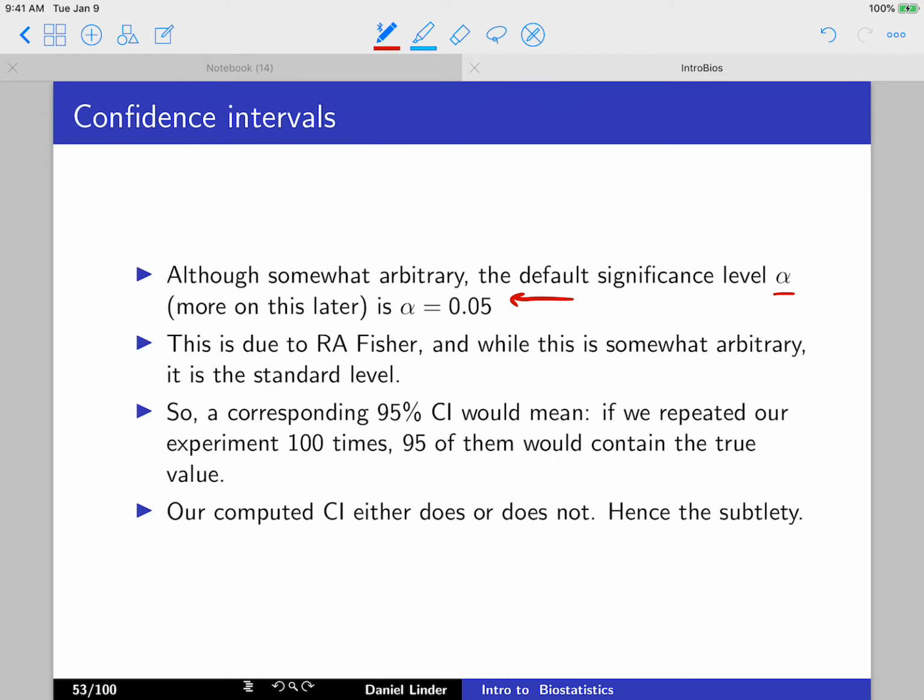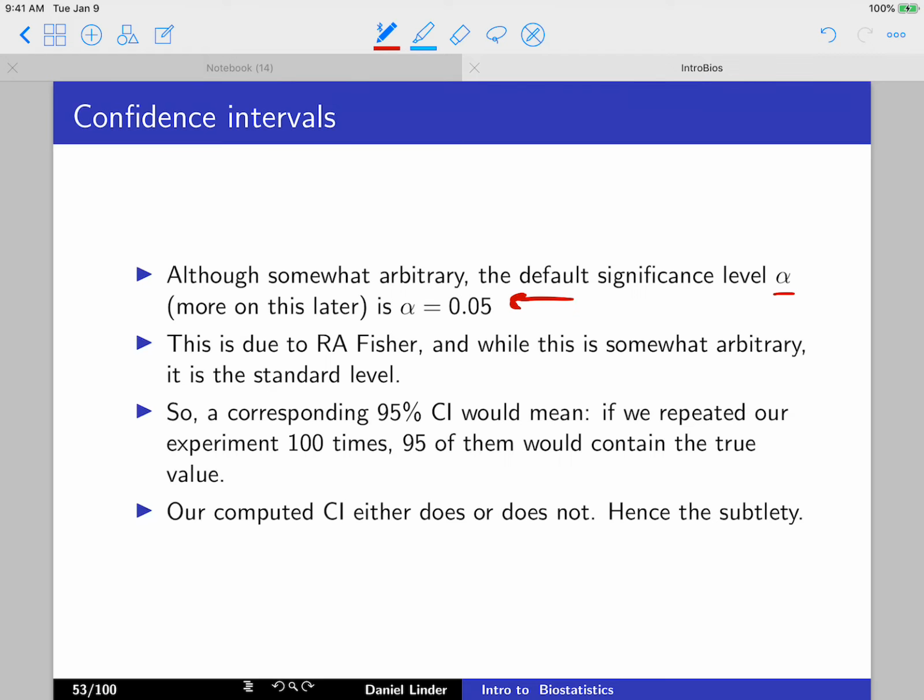So if we've got this level of significance, alpha equals 0.05, then sometimes we'll also talk about the confidence level, or level of confidence, and that would essentially just be 1 minus this alpha.